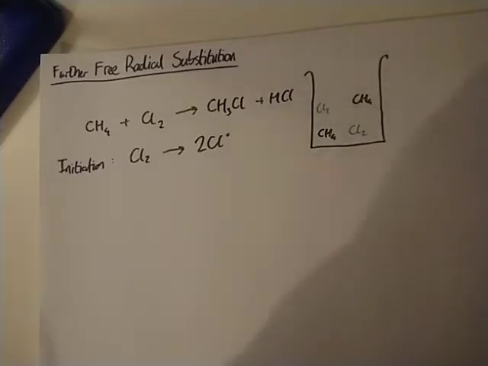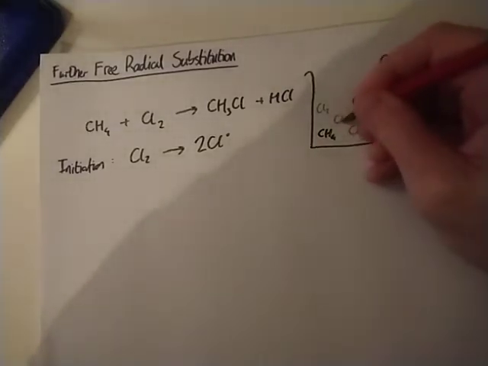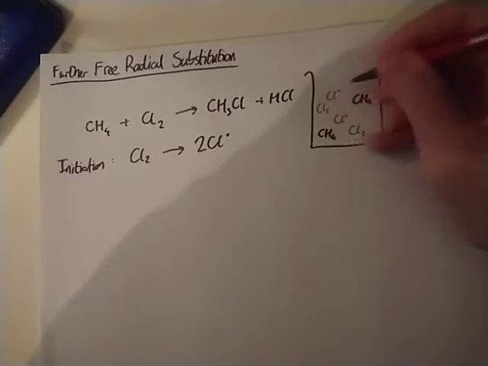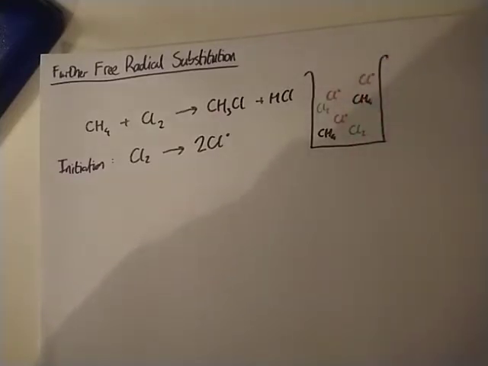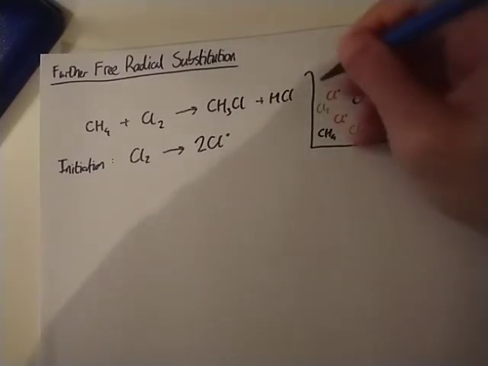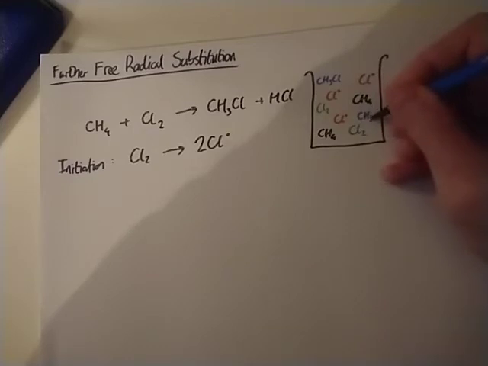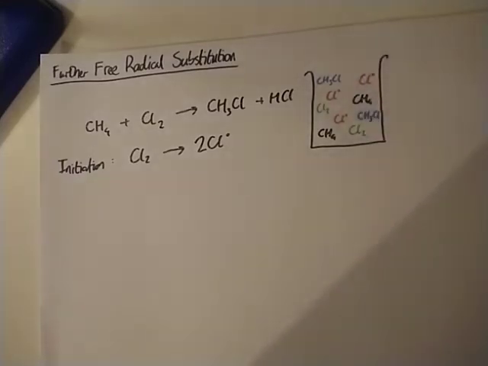So some of the chlorine won't have been broken apart. Some of it will have. So we'll have some Cl radicals. We're also going to have some chloromethane. And all of this is in this beaker, and it's just a big mixture at the moment.